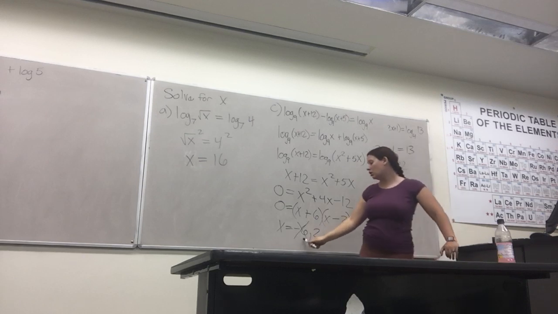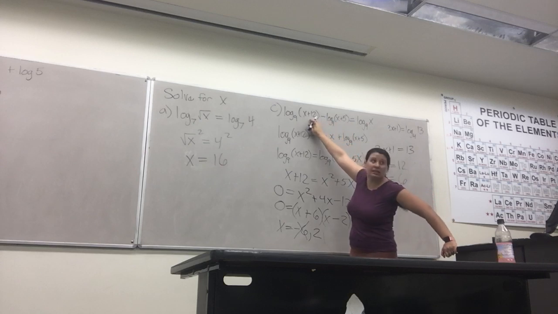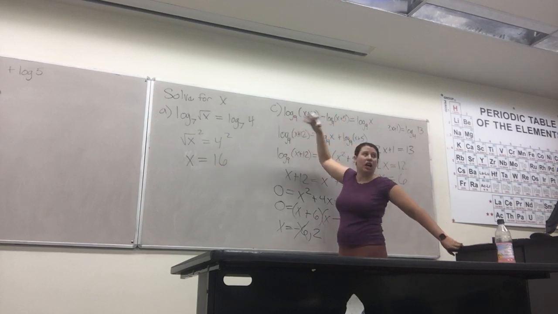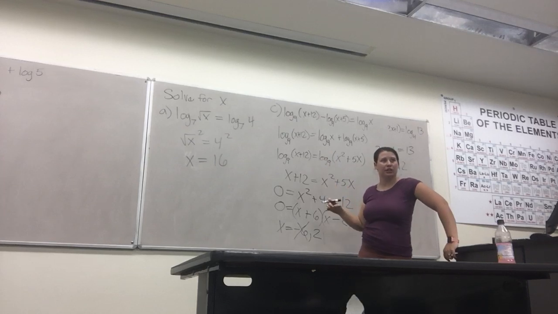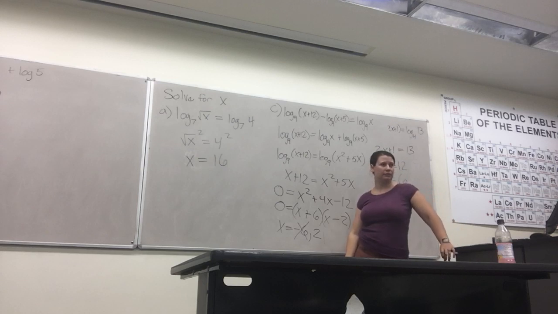This is not saying that all negative answers are bad, because if we just had things like this one, then the -6 would be fine. It's just that the end result of what you're taking the log of has to be positive, not just your x values, okay? Yes, kind of, more or less.